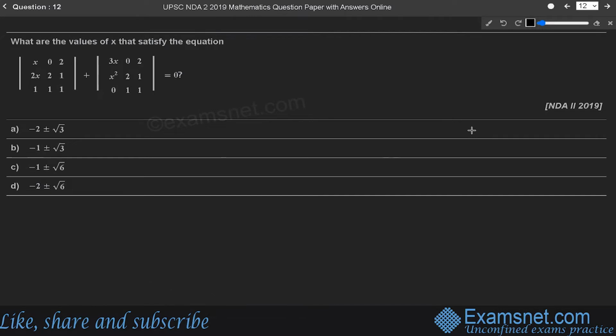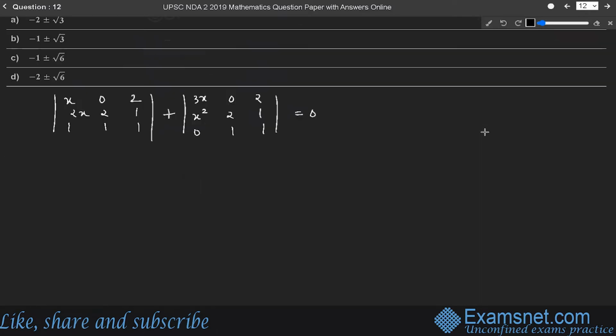Next question is, what are the values of x that satisfy the equation? So we have to find the value of x which satisfies the given equation, which is x, 0, 2, 2x, 2, 1, 1, 1 and 1 plus 3x, 0, 2, x square, 2 and 1, 0, 1 and 1. It is equal to 0.